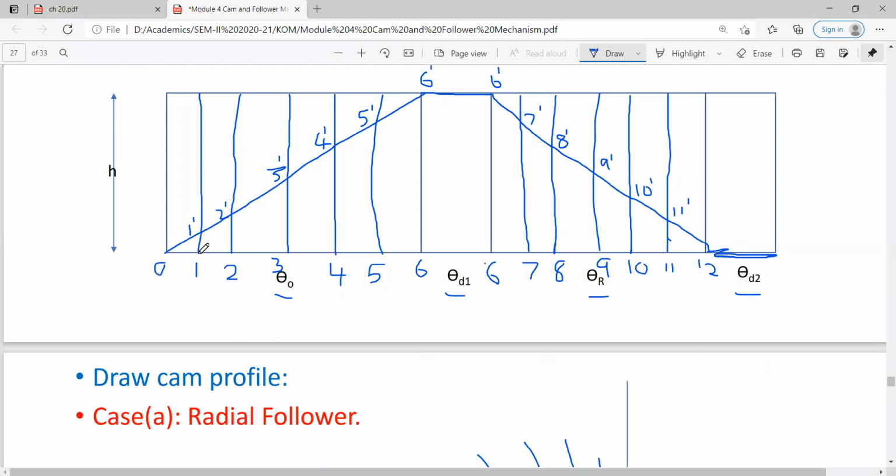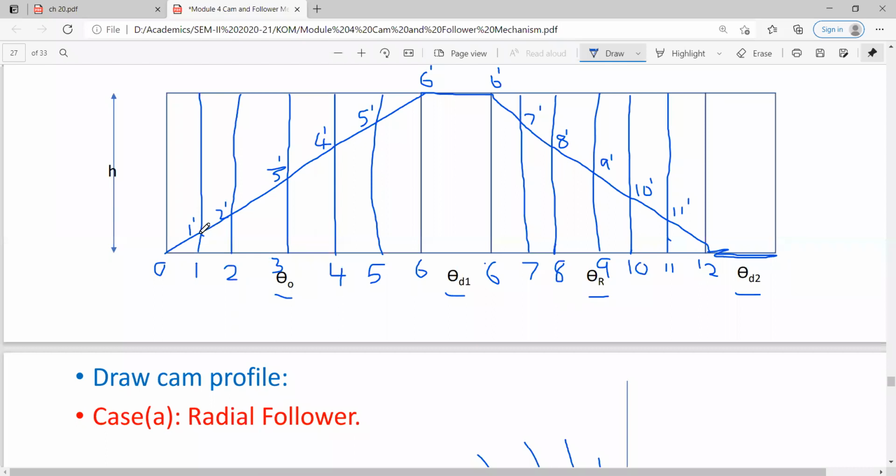At point 1, how much is the displacement? This displacement is equal to the distance between point 1 and 1 dash. So you can take this distance in the compass. Place the compass between both points. One point will be at point 1 and the pencil will be at 1 dash.